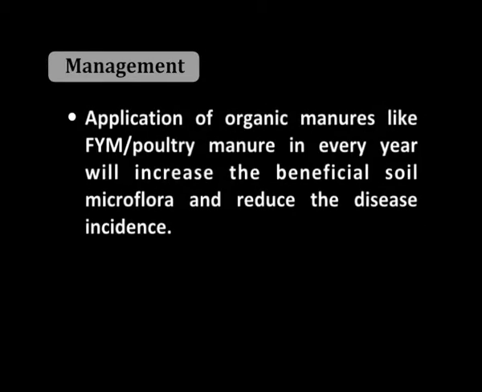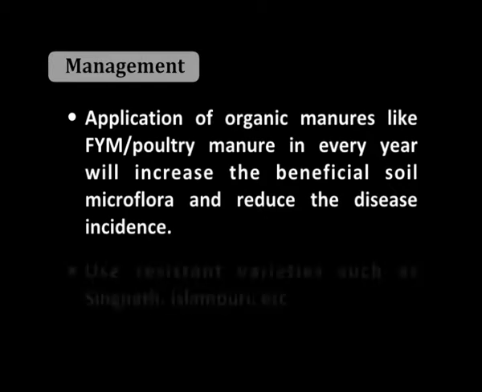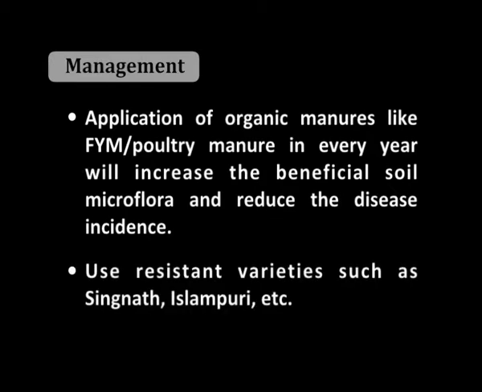Application of organic manures like FYM or poultry manure every year will increase the beneficial soil microflora and reduce the disease incidence. Use resistant varieties such as Singnath, Islampuri, etc.